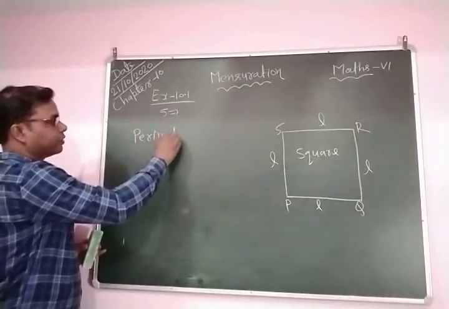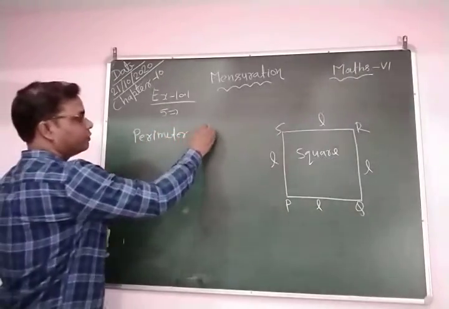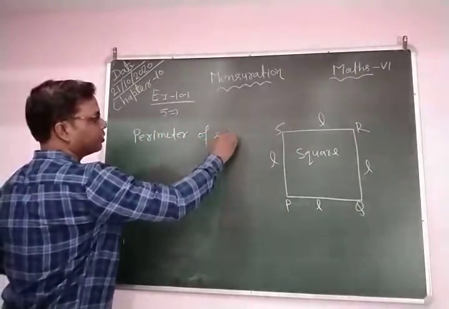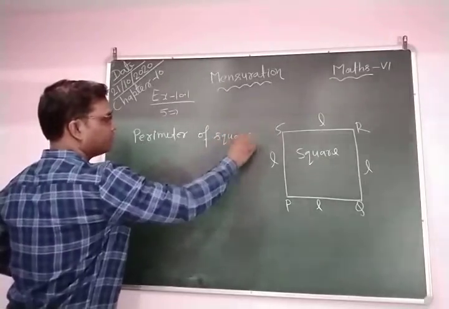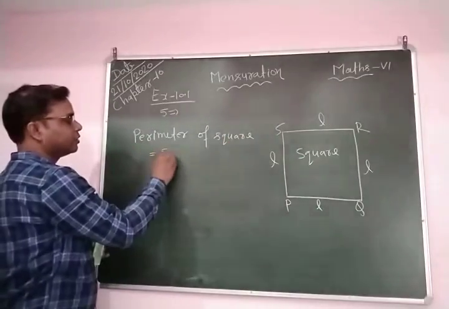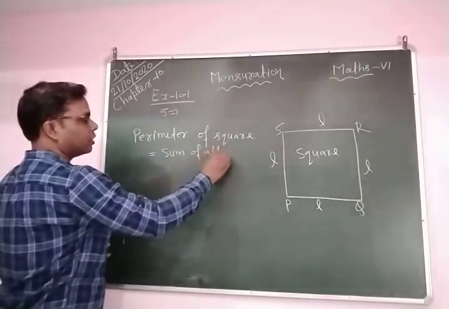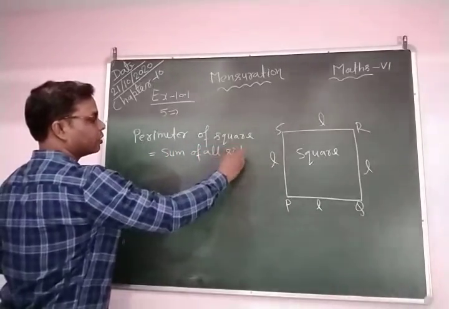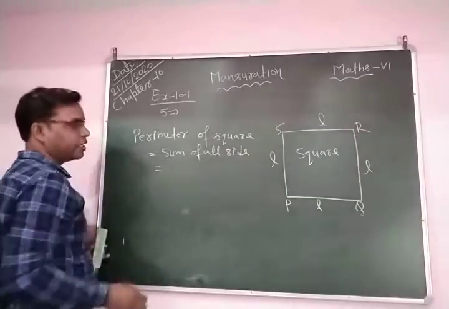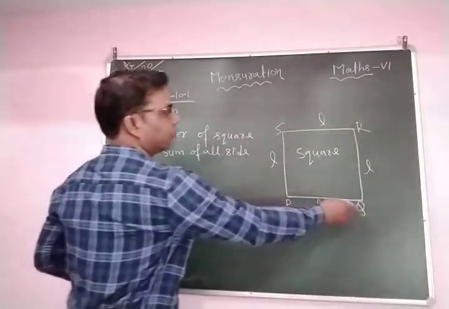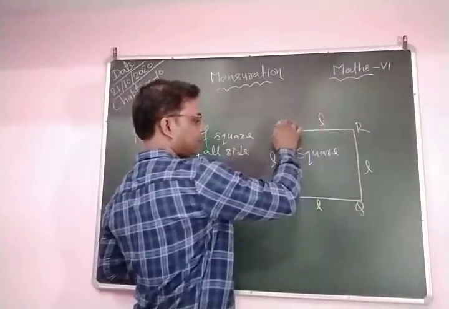So the perimeter of a square is equal to the sum of all sides. Here you can see the sides PQ, QR, RS, SP.